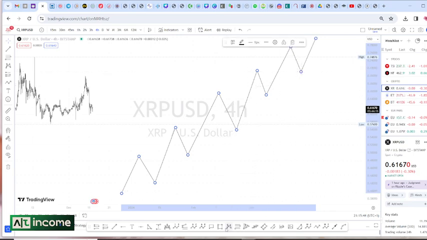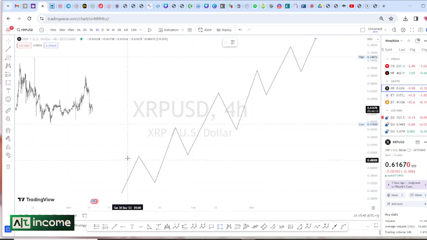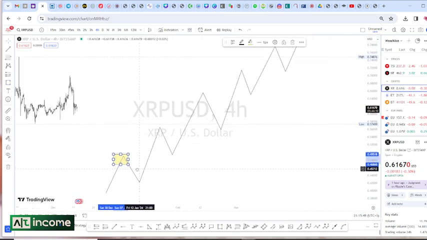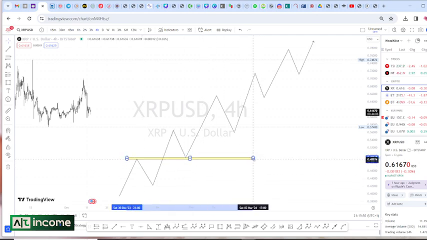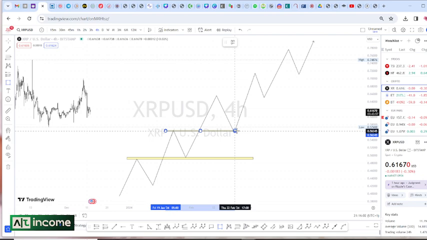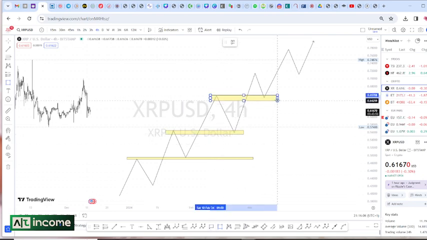As price is moving up, price will continue to give us support and resistance from different levels. You can say this is support, this is support, and this is a resistance here, broken turn to support, a resistance again, broken turn to support, a resistance, broken turn to support.